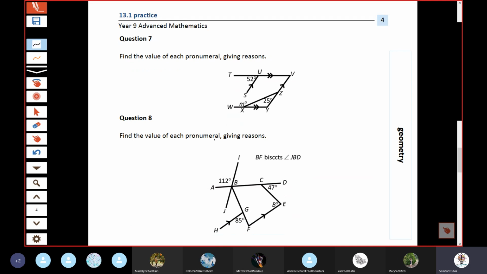Question 7. All right. Let's have a read first. Who's going to help me out for this one? Zara. Yes. Let's do question 7. Again, when you see this question, a lot of things are happening. So what are the first few things you can see? The parallel lines. Right.